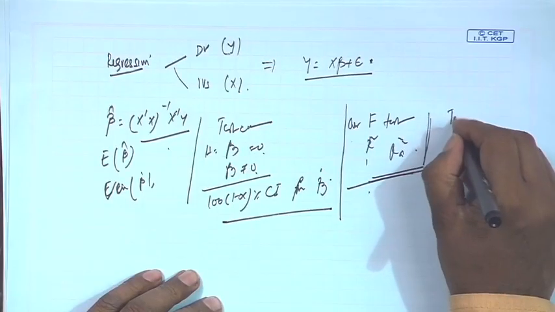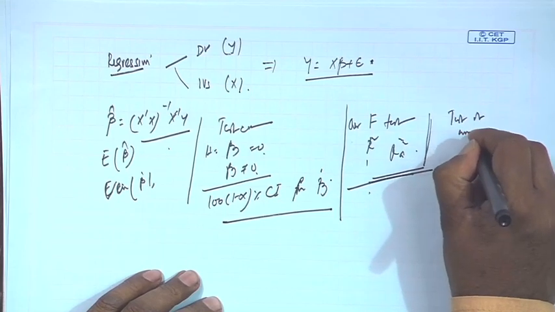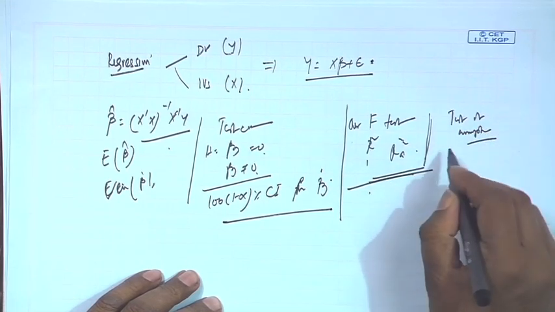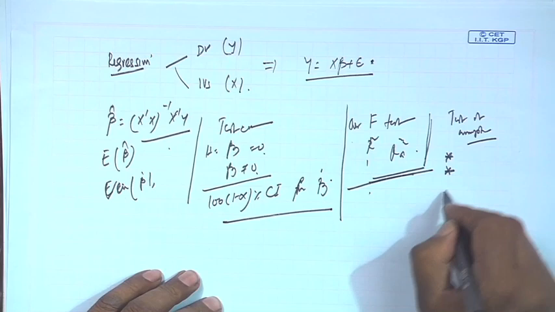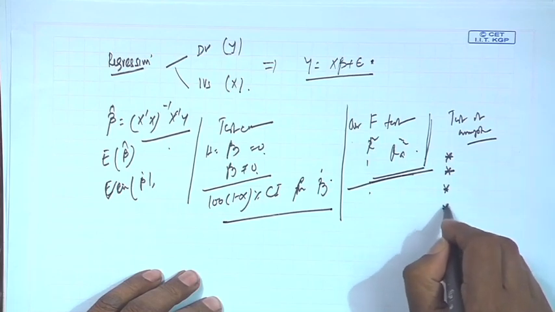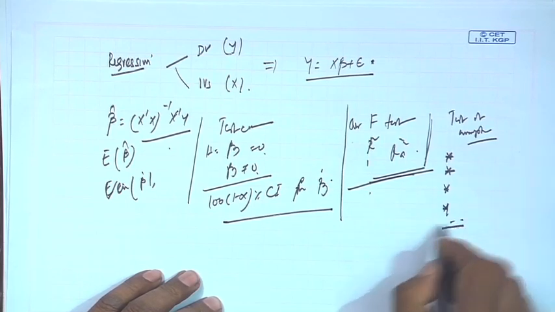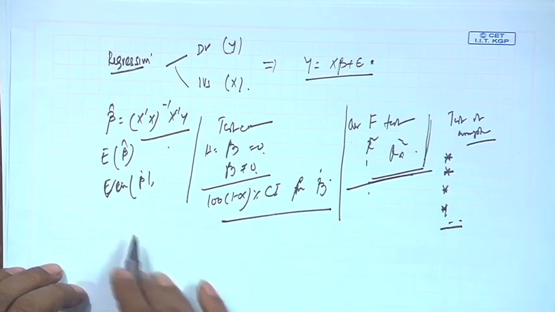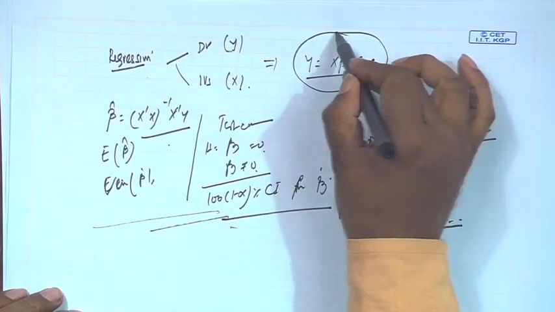And then we have gone for the test of assumptions, both linearity, normality, homoscedasticity, independence, all those things. We have also seen some examples, particularly where we used two independent variables and one dependent variable, and how this model is working or not. In a nutshell, what I mean to say is that you must know whether the data fit this model.